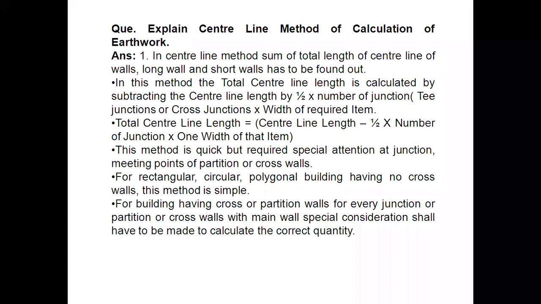So what formula are we going to use for the center line method? A very simple formula. The total center line length for any activity equals the center line length minus 1/2 into number of junctions multiplied by one width of that particular item.